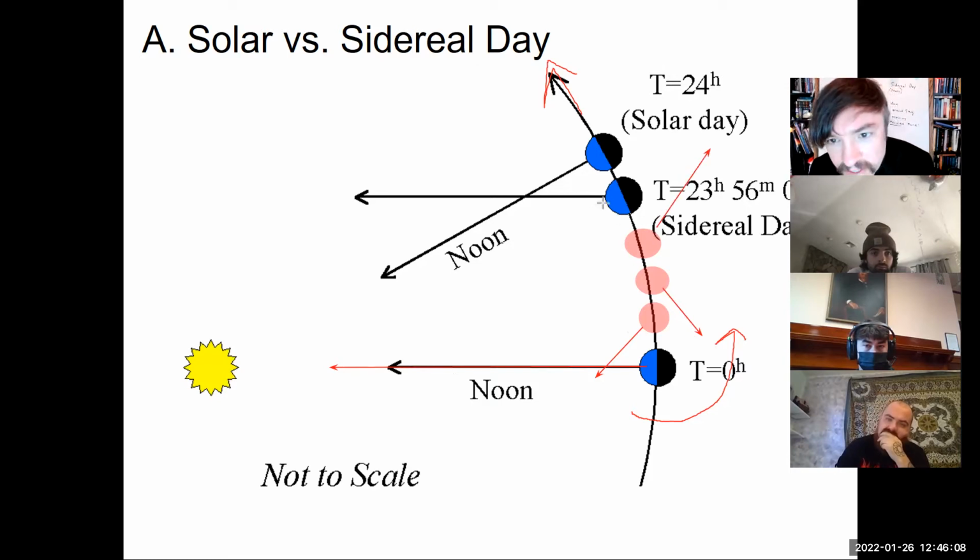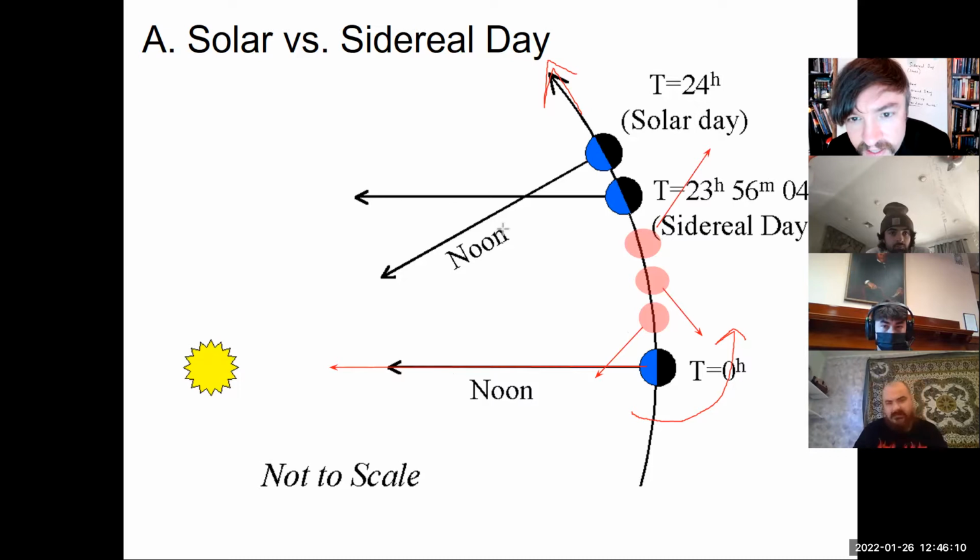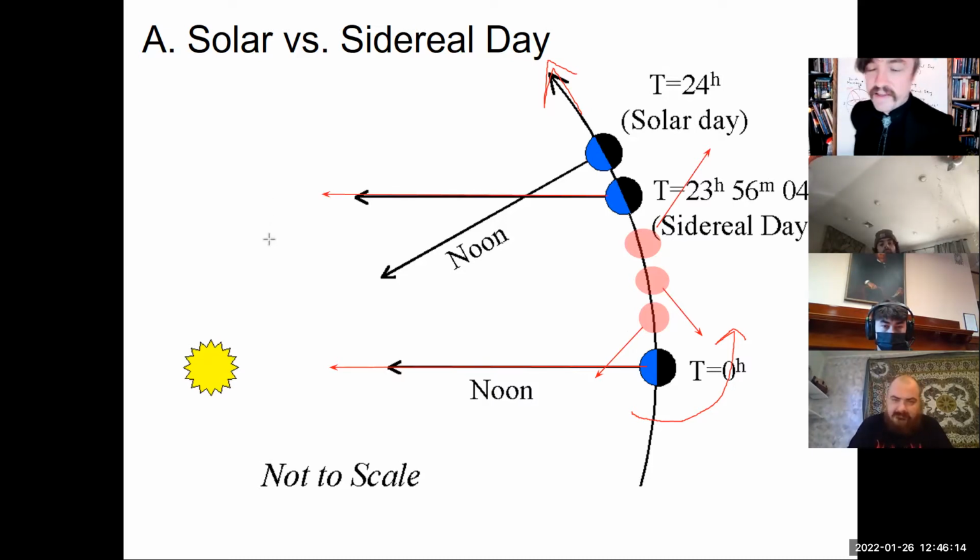And at some point, 23 hours and 56 minutes later, we have completed a full 360-degree spin because we are pointing back towards the left. Notice, however, that our meridian is not pointed towards the sun, because we've moved away from the direction of the sun. We have to spin an extra 4 minutes to point back towards the sun.